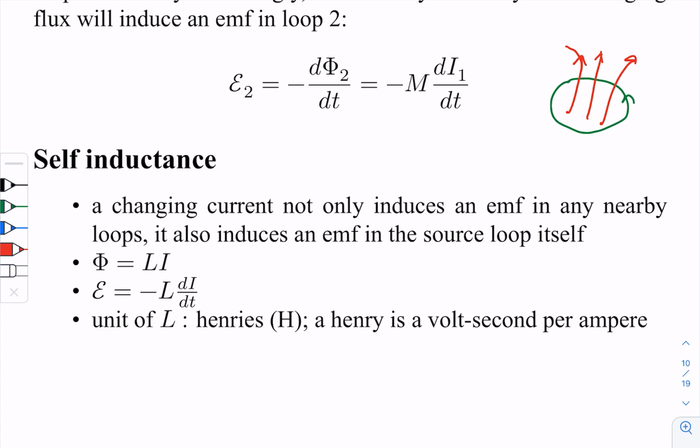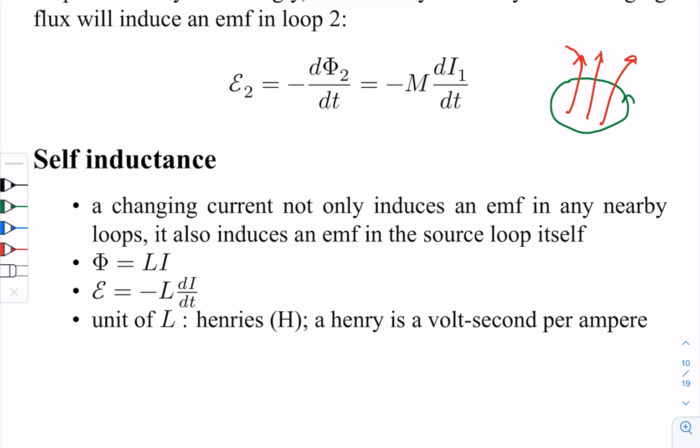So the total effect is that there cannot be any change of EMF on this superconducting loop, and then the flux will also not change, and the current cannot change at all.